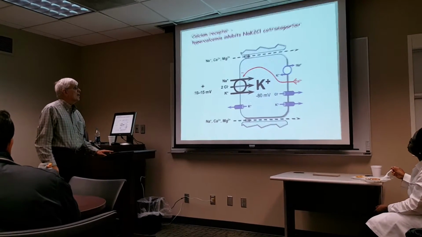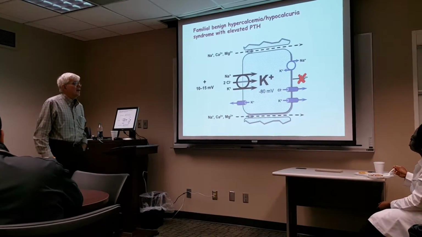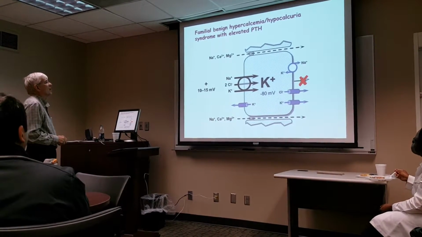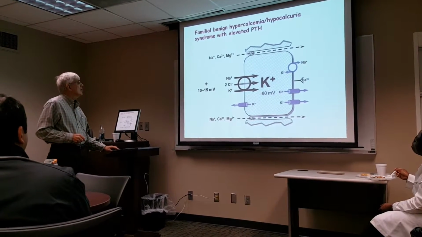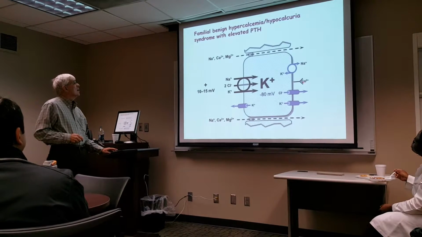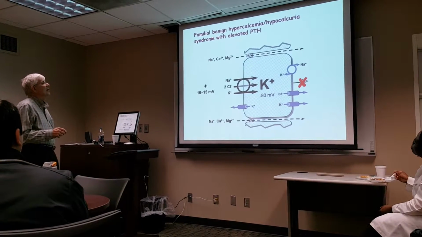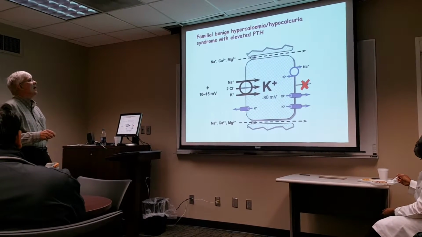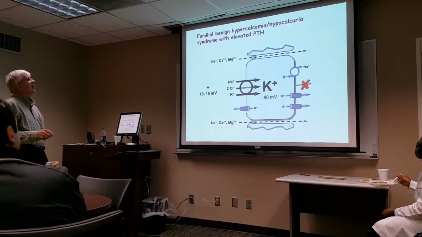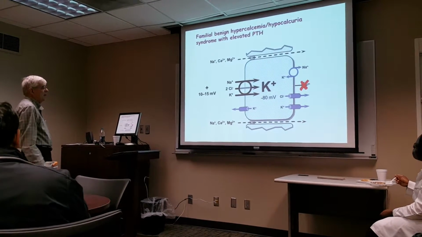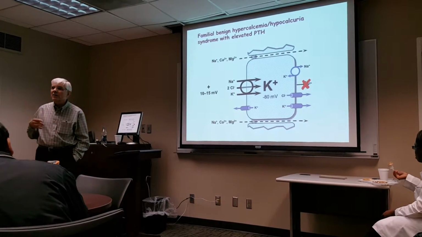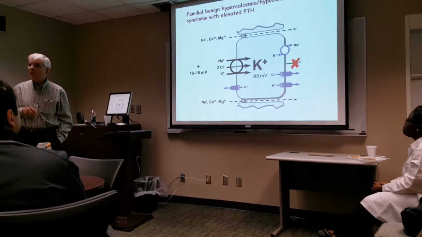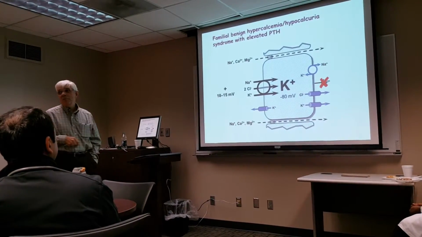And it turns out, very interestingly then, that Steve identified a mutation in the calcium receptor that's associated with, or localizes to, a condition of familial benign hypercalcemia, hypocalciuria syndrome with elevated PTH. So what's happening in these individuals is they've got no brake on their NKCC2 cotransporter, at least no brake from the calcium receptor.